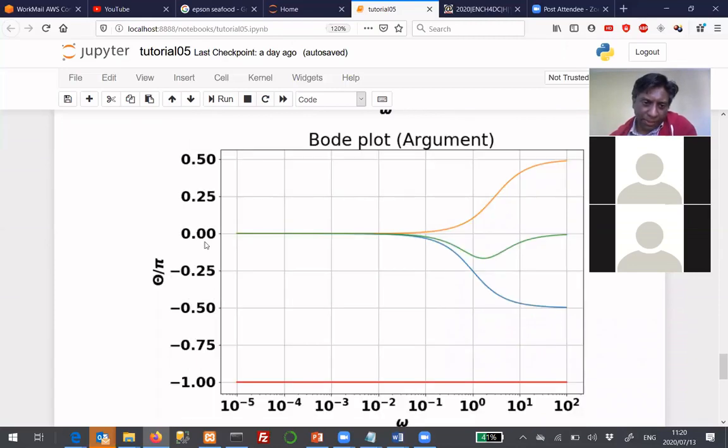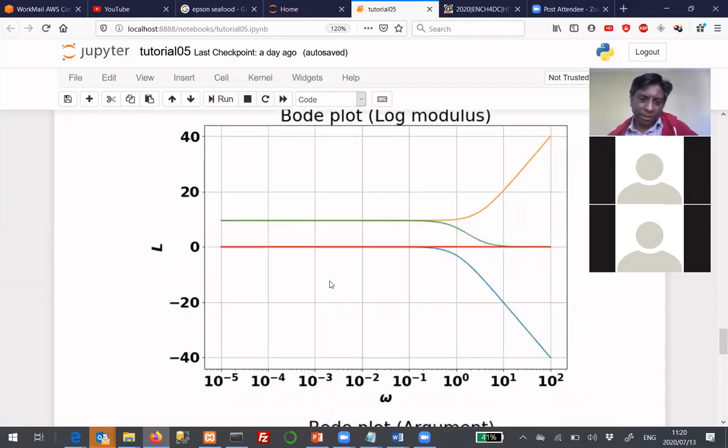And by the way, here the scale, I've just divided by pi so that it's a bit easier to read. And actually in Bode plots, they normally work in degrees, not in radians. So here I'm showing radians divided by pi, but normally in a Bode plot, you convert that to degrees. So you can get rid of this divide by pi, and instead divide by 2 pi and multiply by 360 to get that in degrees. So that's the Bode plot.